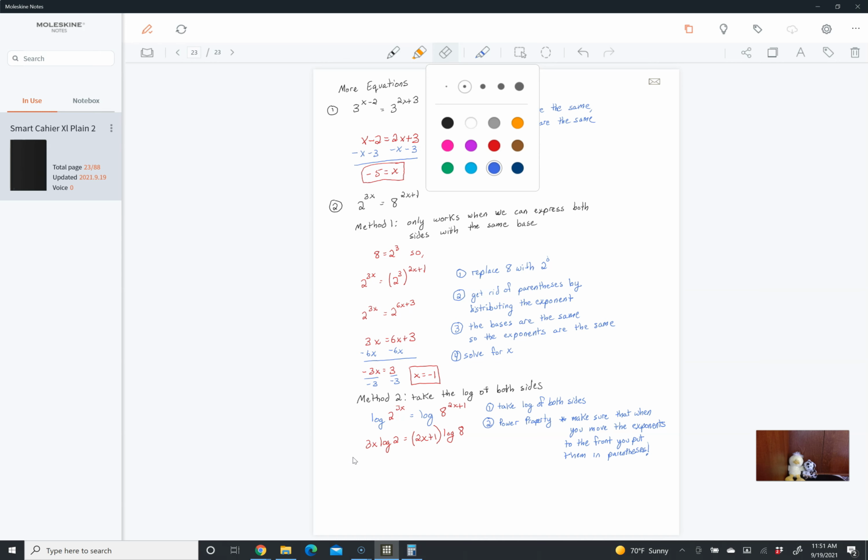So once we move the exponents, what we're going to do is divide both sides by one of the logs. It doesn't matter which side.